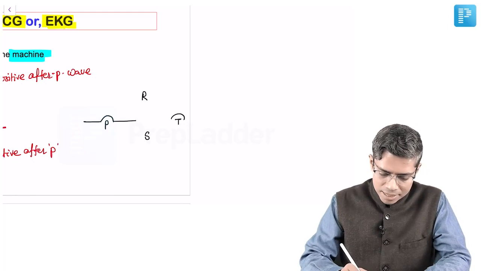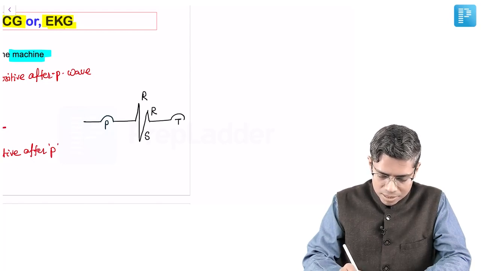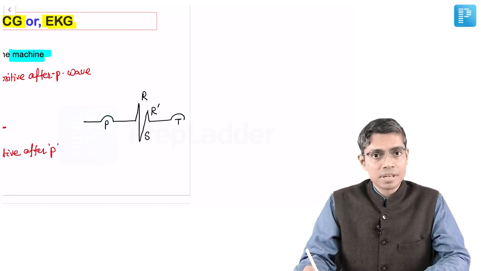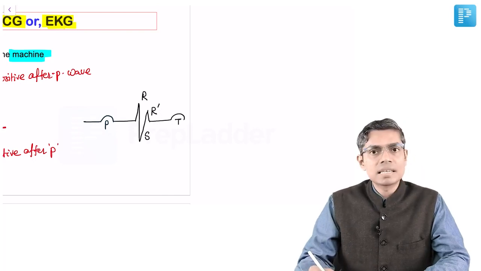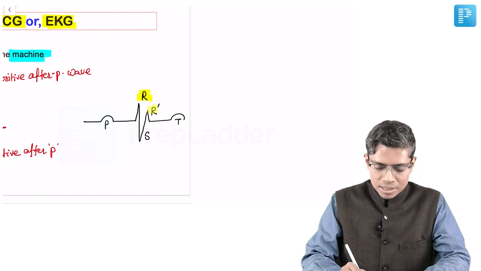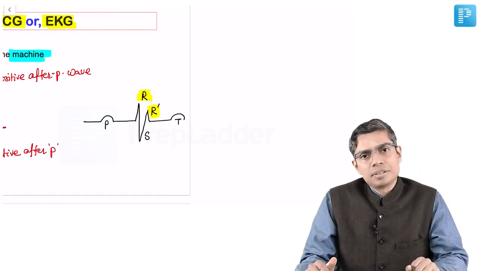So in that case, this is R, this is S, and now I am getting a positive wave like this. In that case this will be known as the R dash or R prime wave, right? So RSR prime pattern, we say like this, RSR prime pattern, this is seen in some of the abnormal ECG. So these are the different namings of the waves in ECG.